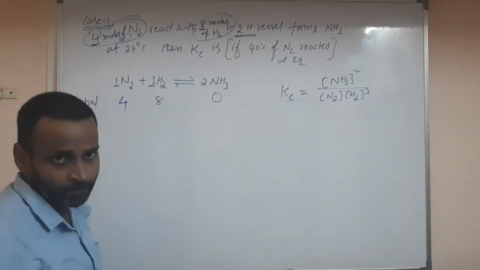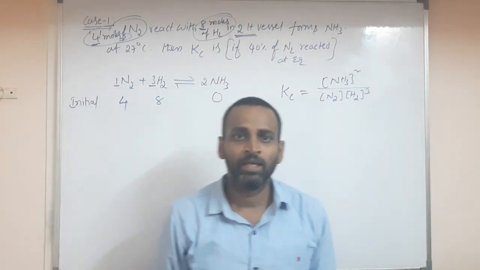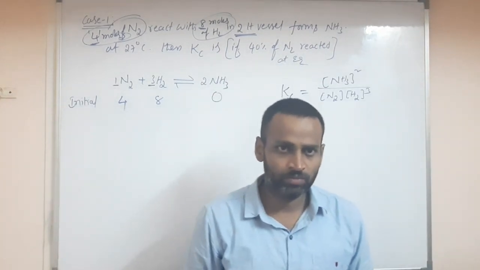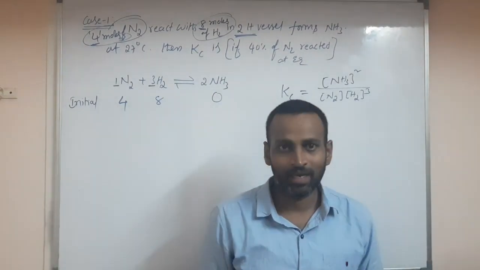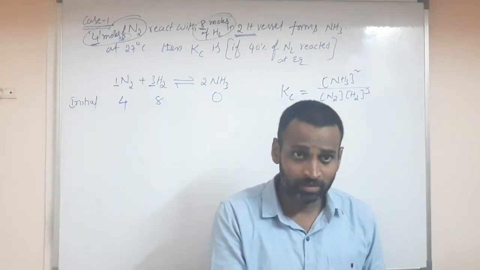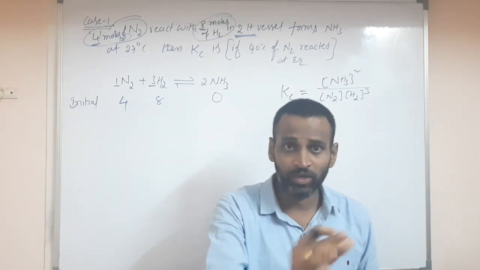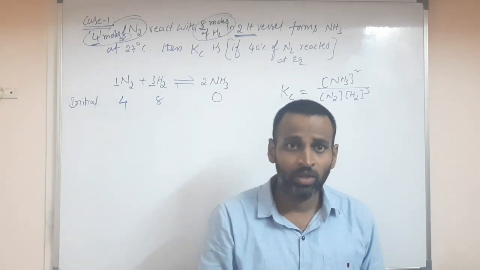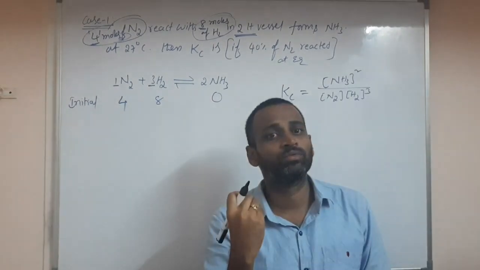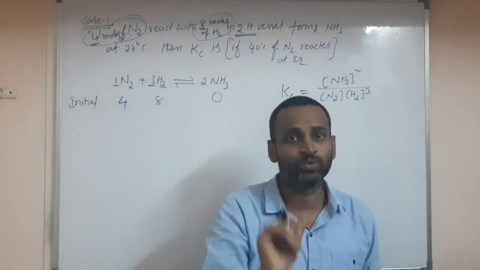8 moles. See, to buy a book 100 rupees is required, suppose. But your father gave excess, 500 rupees. So will you give 500 rupees in a store and not take change back? No, you will give 100 rupees only for that book and you will take back 400. So 400 is excess with you.